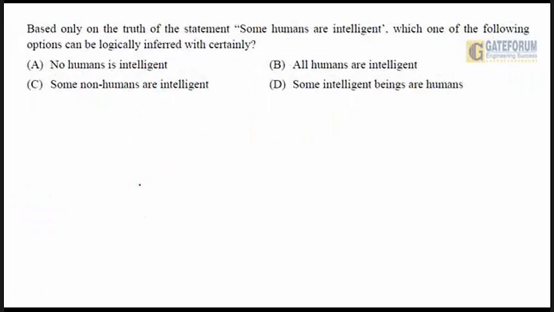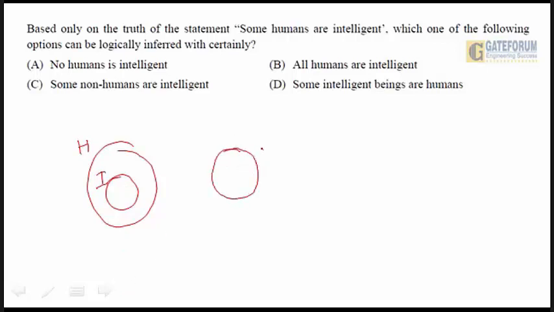Next, based only on the truth of the statement "some humans are intelligent," which one of the following options can be logically inferred with certainty? Give it a try. Okay. Some humans are intelligent. If we express them in the form of Venn diagrams, if this were humans and this were intelligent, some humans are intelligent.